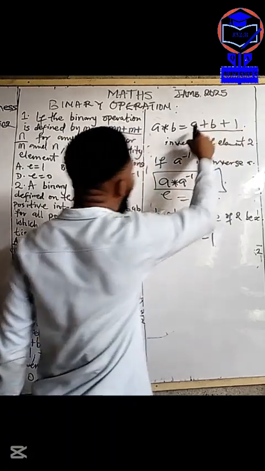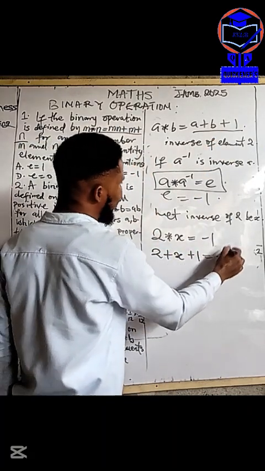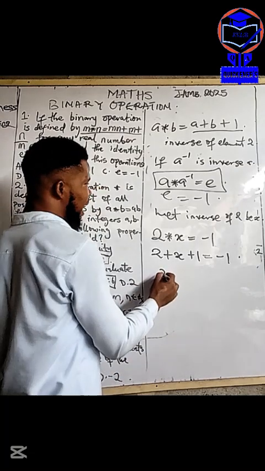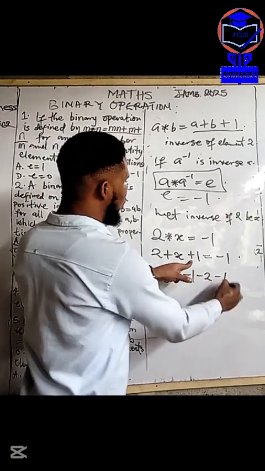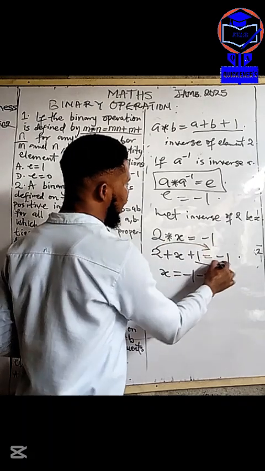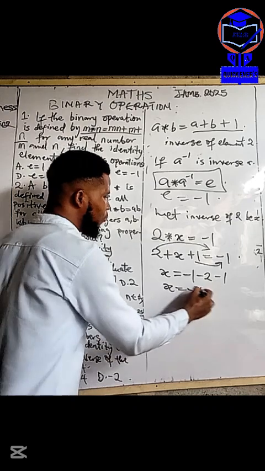Okay? So, what is the operation? Look at the operation. So, let's do 2 plus x plus 1 is equal to minus 1. So, that will be what? x equals minus 1, minus 2, then minus 1. When this moves to that side, and this other one moves to that side, minus 2, minus 1. Alright? So, x is what? Minus 4.